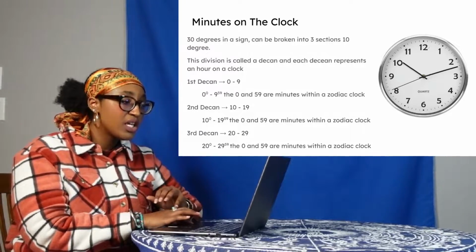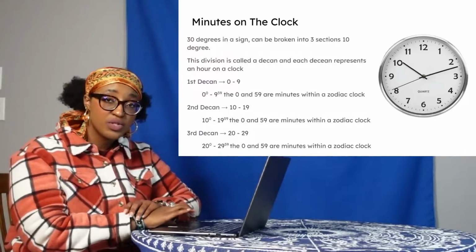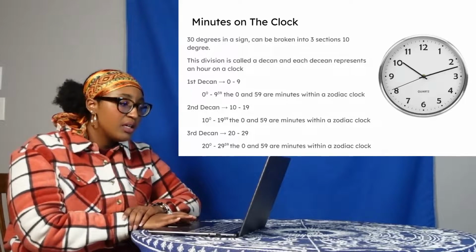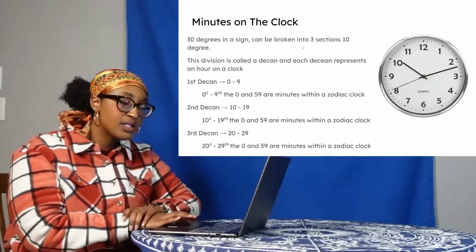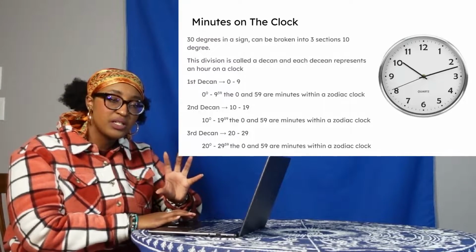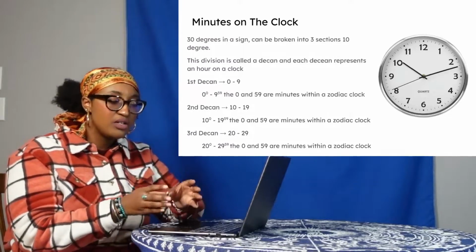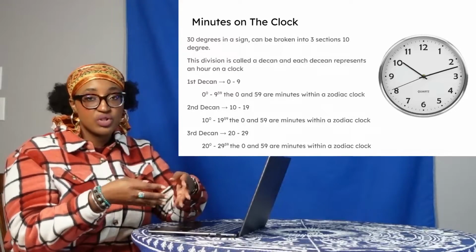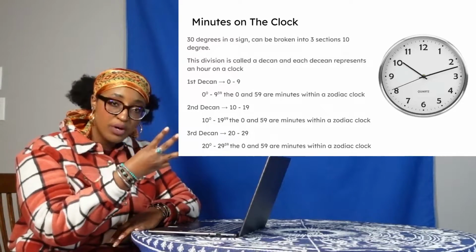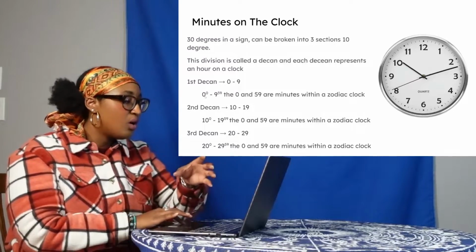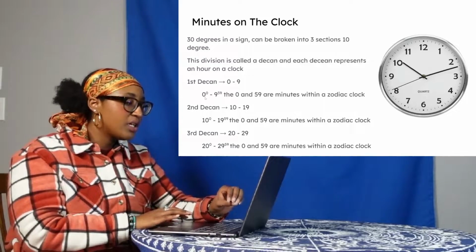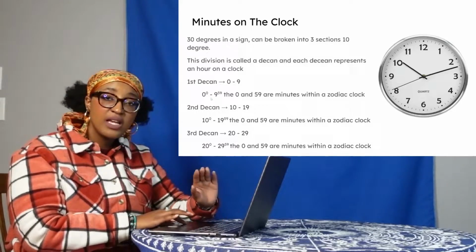So as you see right here, a 24-hour clock, as I was talking about earlier, there's 30 degrees in a sign, and each of those 30 degrees can be broken up into 3 parts of 10 degrees. And those 10 degrees are represented between 0 and 9.